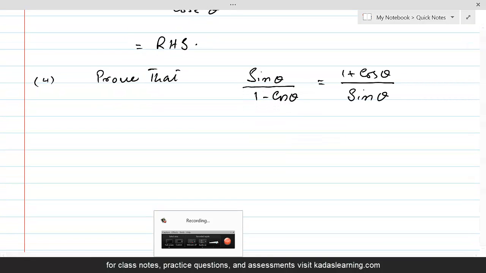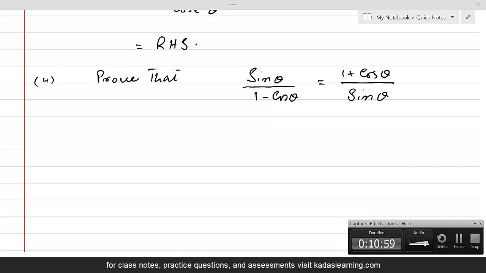So let's take left hand side. Let's take left hand side.